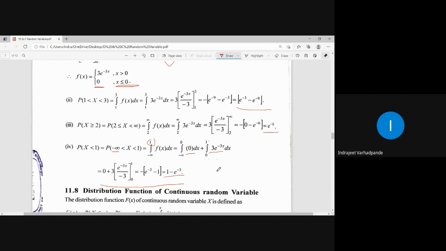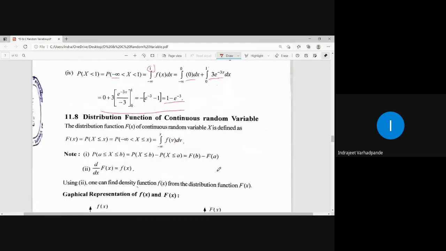Now, the next heading will be, as we discussed the probability function or probability density function for a continuous random variable, we will be having the distribution function of a continuous random variable. Like in the discrete random variable, we used to write down the distribution. If you remember, it is denoted by capital F of x, right?